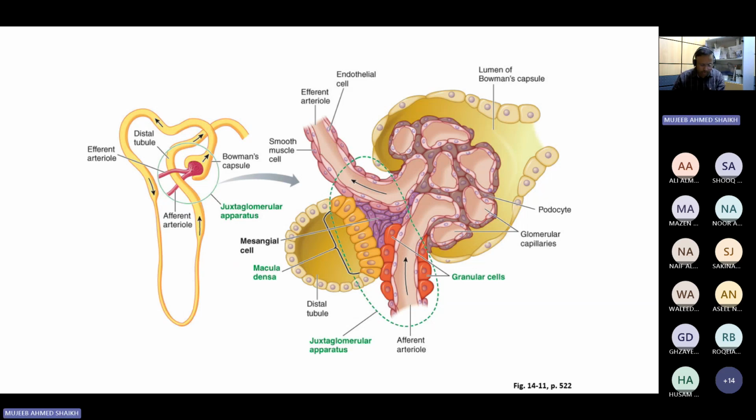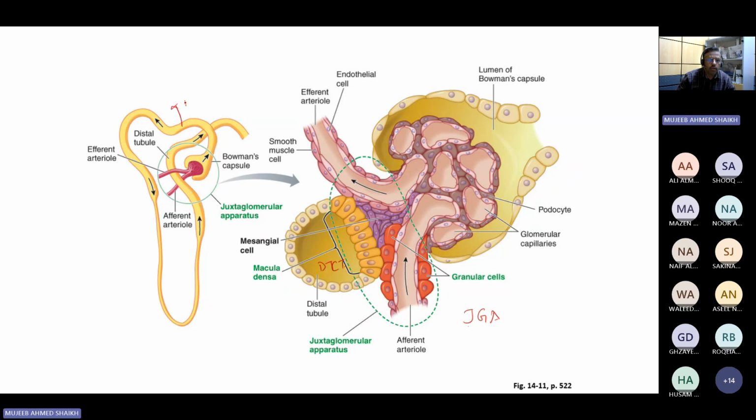Coming to the tubuloglomerular feedback mechanism, for that you have to remember the juxtaglomerular apparatus, JGA. What is the juxtaglomerular apparatus? It is the combination of the distal convoluted tubule, DCT, with the glomerulus and Bowman's capsule.